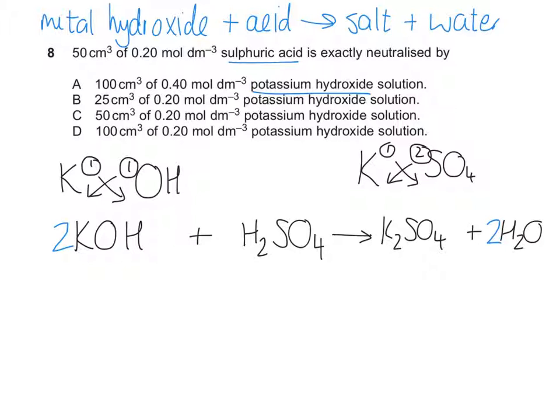So we have 50 centimeters cubed of 0.2 moles per decimeter cubed sulfuric acid. Okay, so we have a volume and we have a concentration. So we need to use the equation N equals CV.